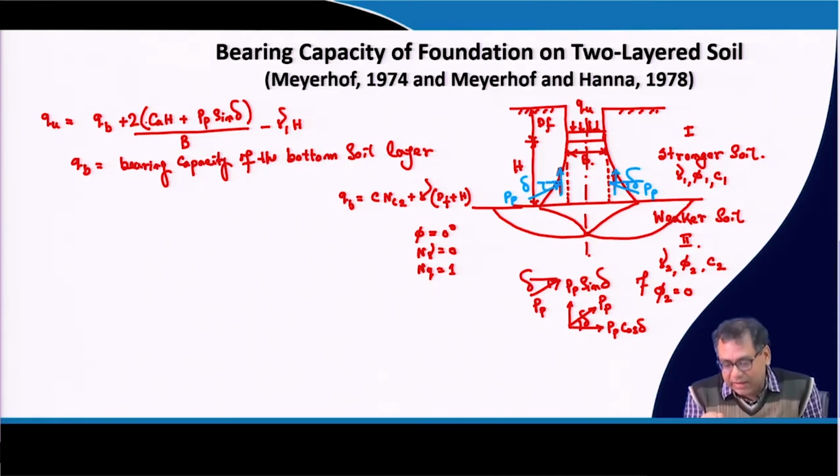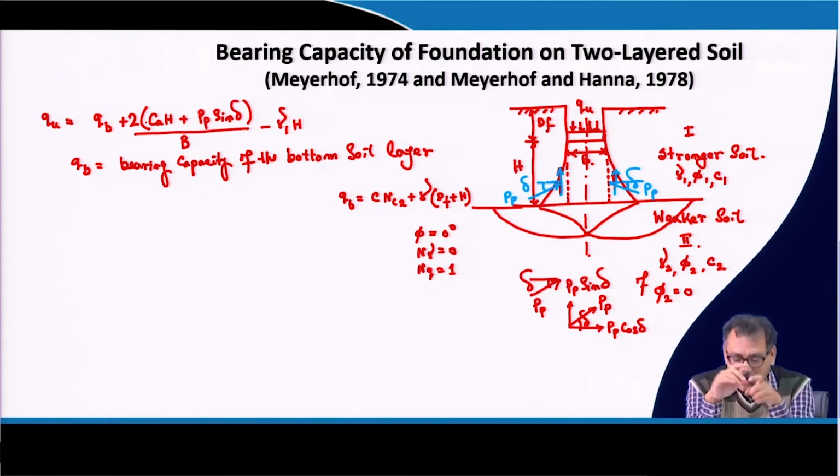If I take it again during the QB calculation, we are taking the contribution twice: once as a surcharge to calculate the QB, and once as resistance along the dotted line. So, it is recommended that we take the contribution only one time.